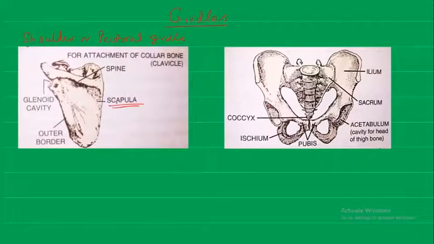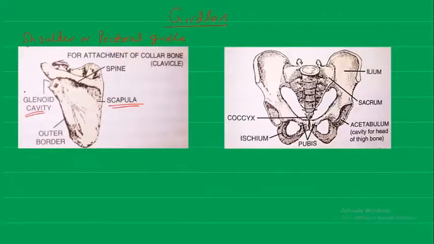This is known as the scapula, which lies dorsally on the upper ribs on either side of the vertebral column in the thorax region. The outer apex bears a large, somewhat cup-shaped glenoid cavity.